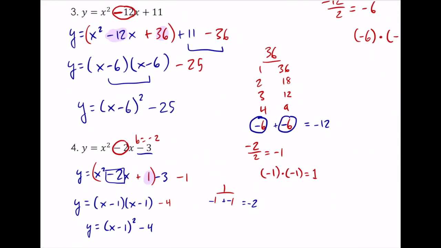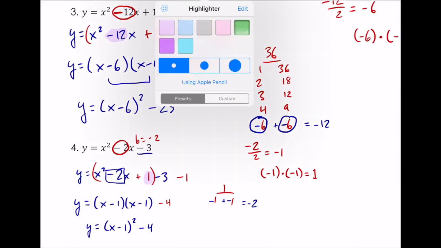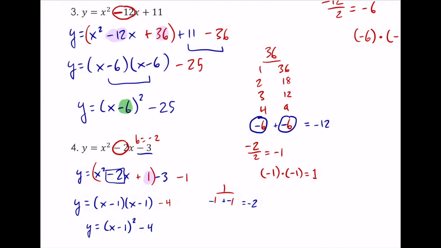Let's keep going for number 3. I have a negative 6 and a negative 25. So for my vertex, if this is a negative 6, I want to do the opposite. I'm going to write a positive 6. And if this is a negative 25, I want to keep it the same. It's negative 25.